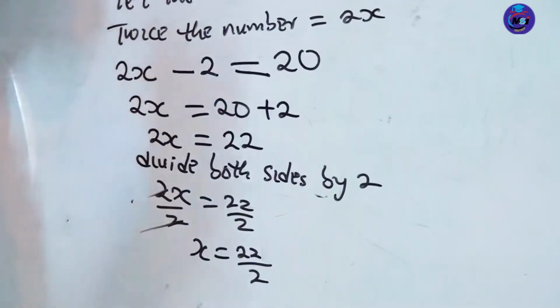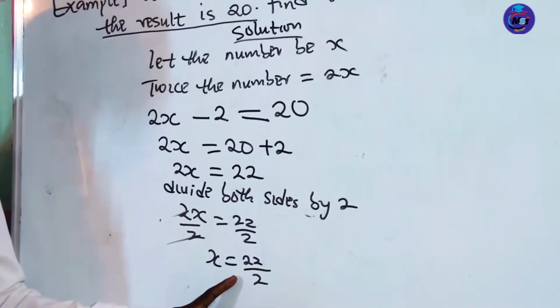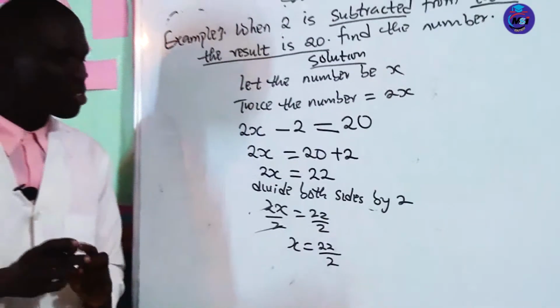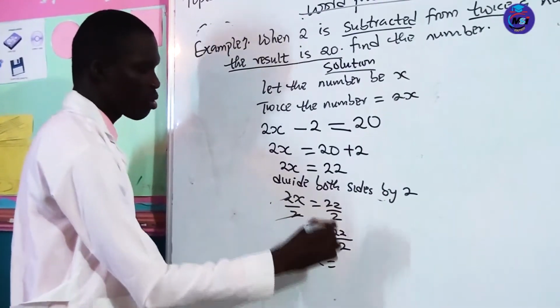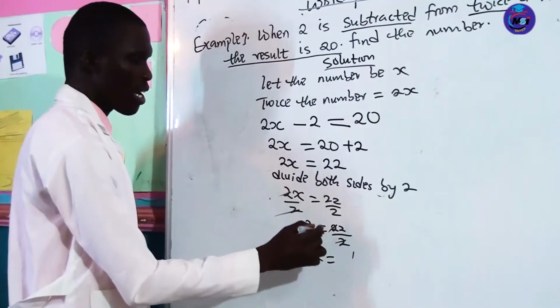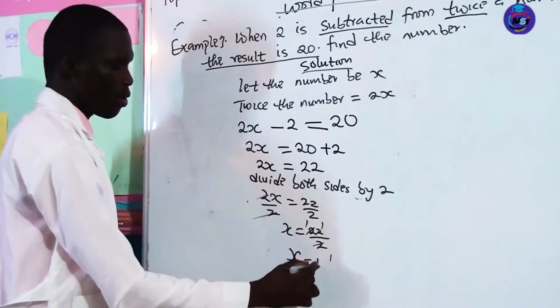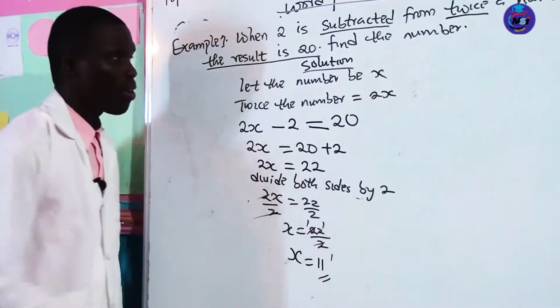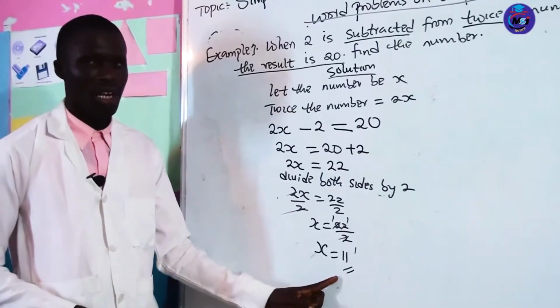I hope you are getting me right. Okay, this is not our final solution. The final solution is this. x equals 22 over 2, which gives 11. Therefore, the number is what? 11.